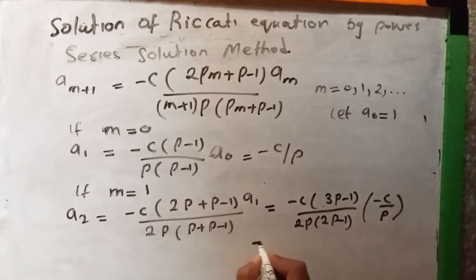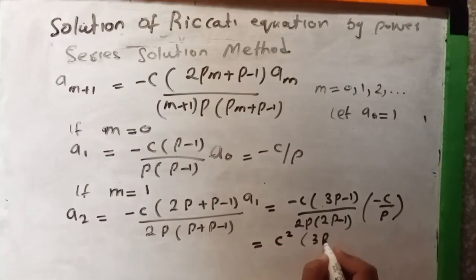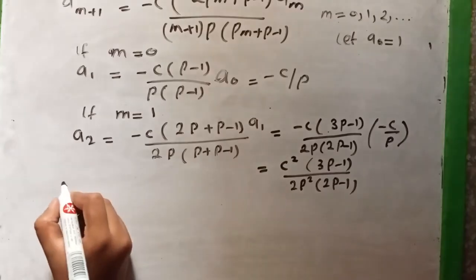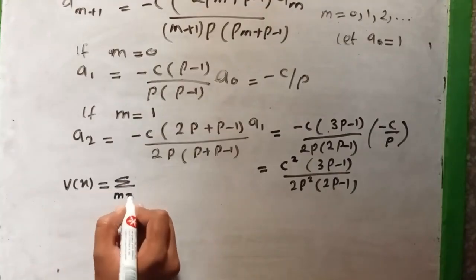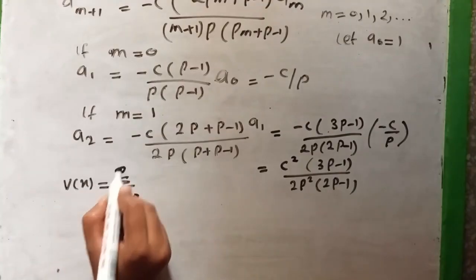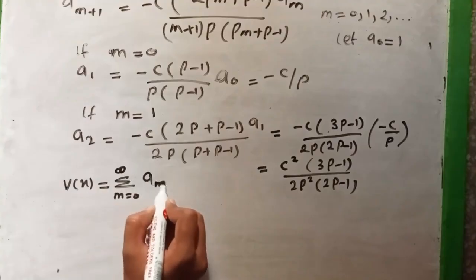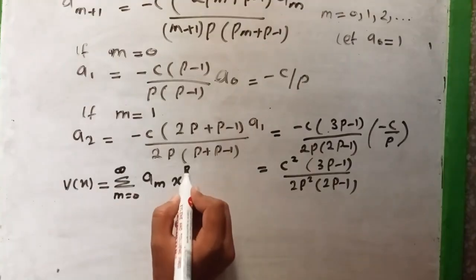So this becomes c square multiplied by 3p minus 1 over 2p square 2p minus 1. And we have considered v of x is equal to summation m is equal to 0 to infinity am x raised to power pm.